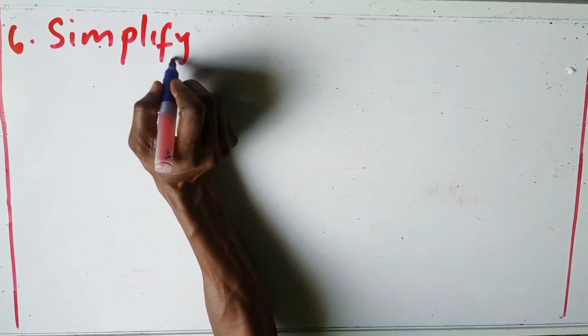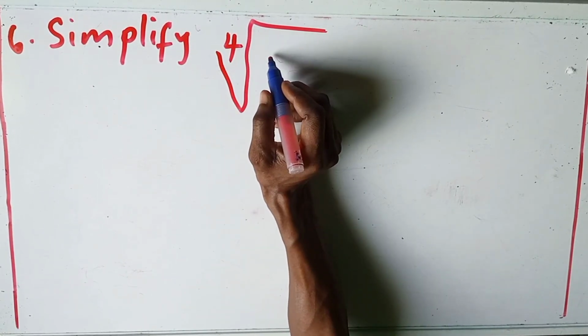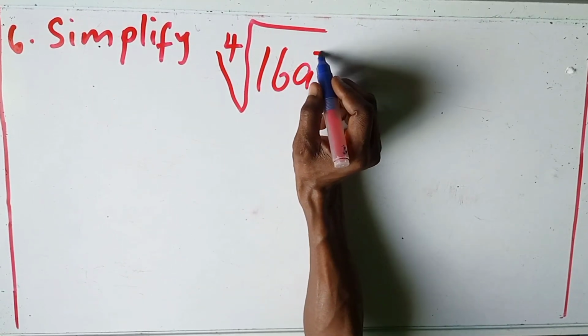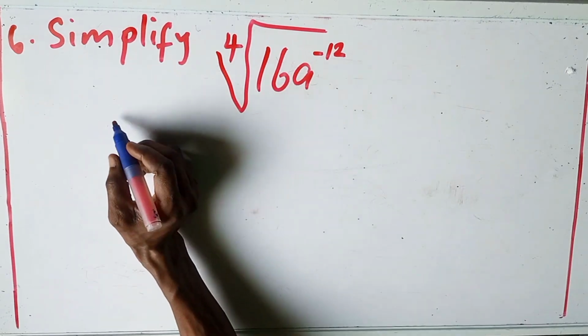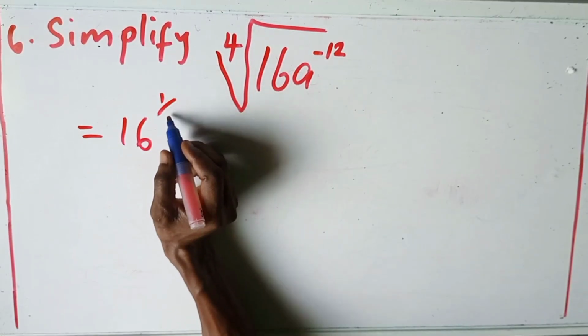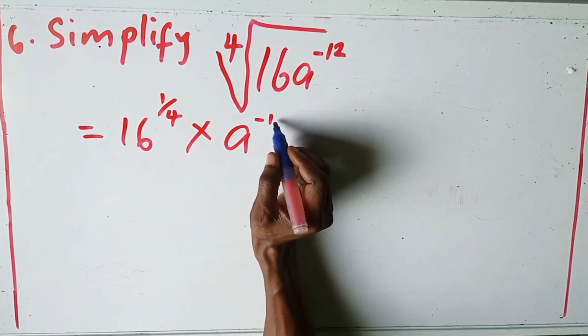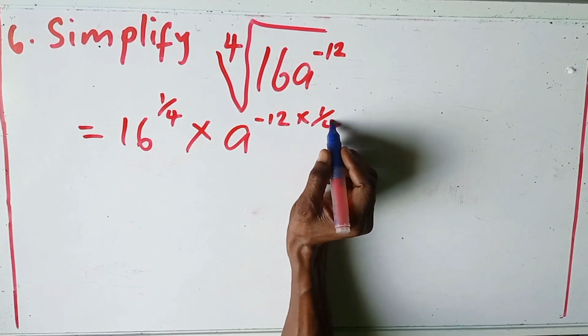simplify quad root of 16a raised to power minus 12. So the question can also be written this way: 16 raised to power 1 over 4 times a raised to power minus 12 times 1 over 4.